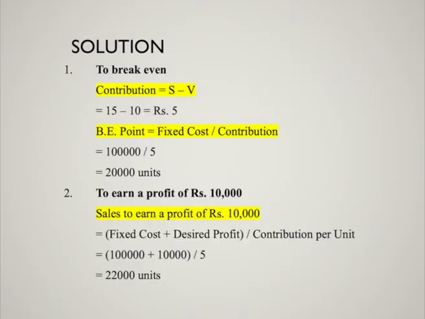Dividing by the contribution per unit of 5 rupees, you have to sell 22,000 units to earn that 10,000 rupees. So, this is the calculation of desired profit.